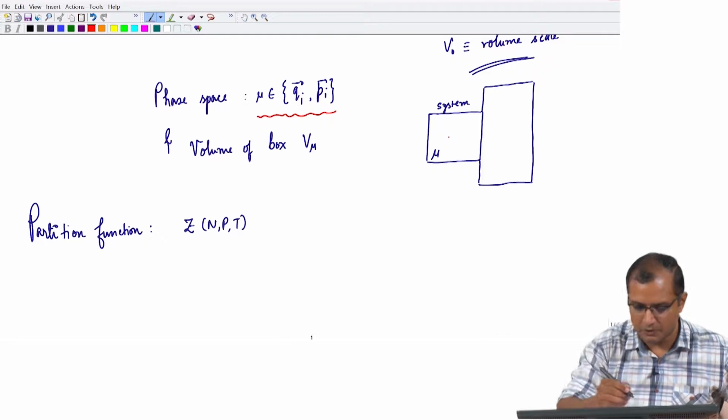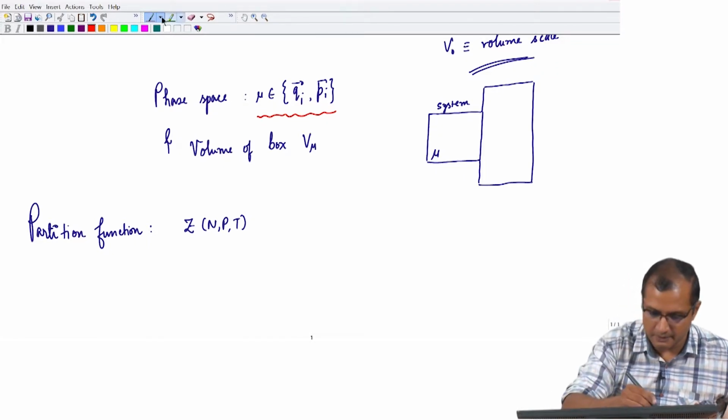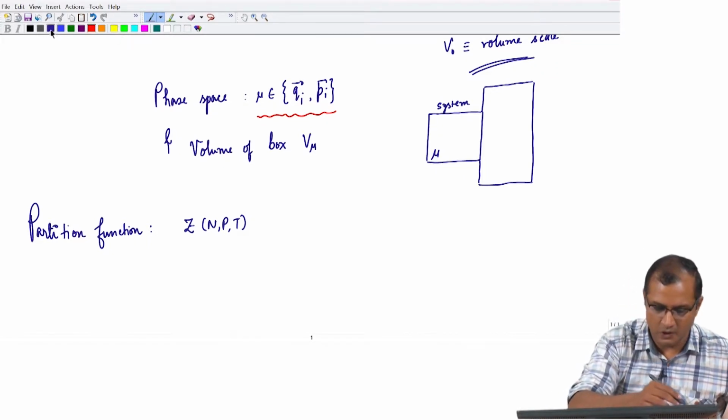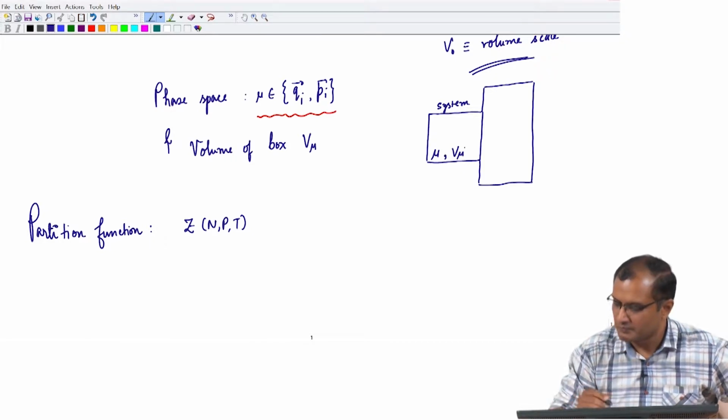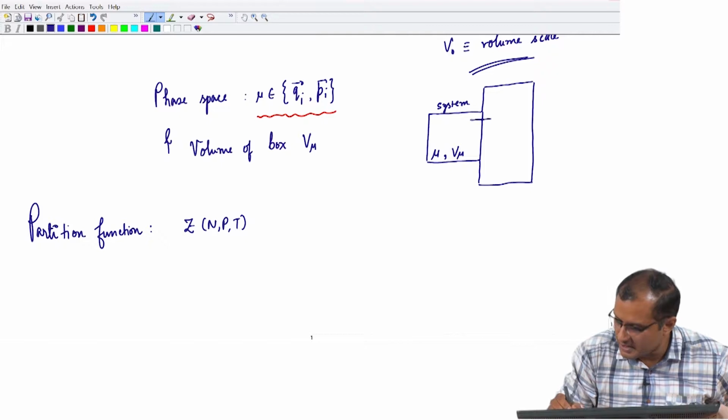Okay. So, that is my mu, and the corresponding volume of the system is V of mu. The system is constantly exchanging energy in order to keep my temperature constant, and it is also exchanging volume.